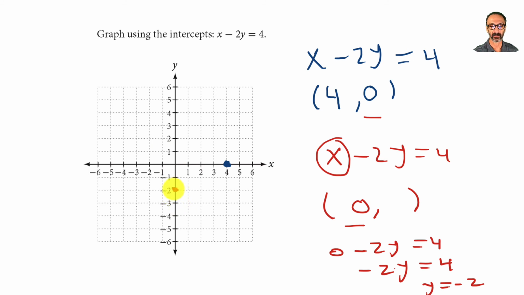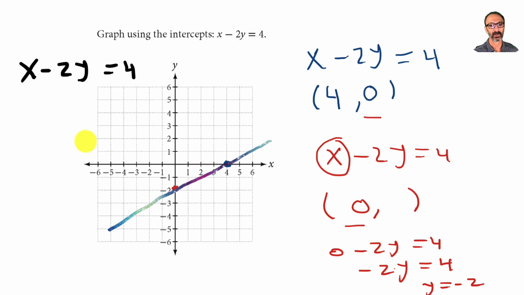That's right here. And when you graph it, you just connect these points. But I want to double check with another point that I skipped, and I'll do that quickly. Let's pick y equals 1.